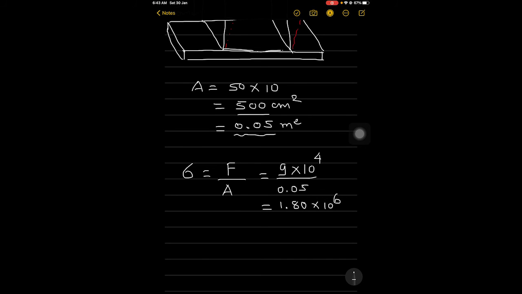Now we know that shearing strain is equal to delta x upon L, and therefore it is equal to stress upon the modulus, or we can say that it is called G. So for the given condition, from the information we can say that G is equal to stress upon strain.